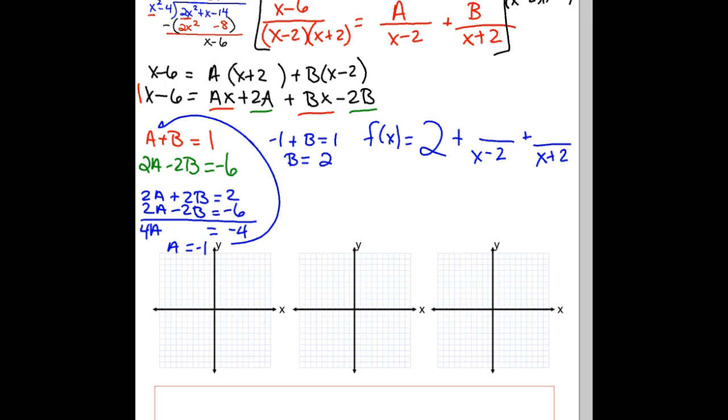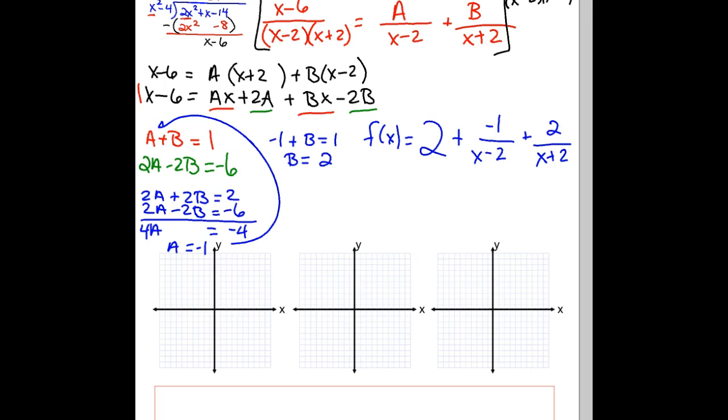Over the x minus 2, we had an a, and we said a was negative 1. And over the x plus 2, we had a b, and b was 2. Okay? So my original rational expression could be decomposed into that. Yes? Okay.